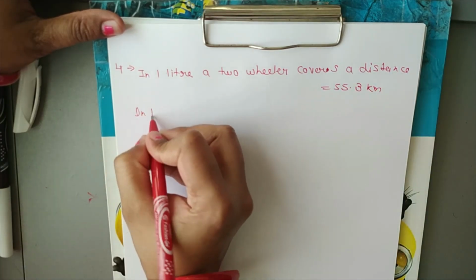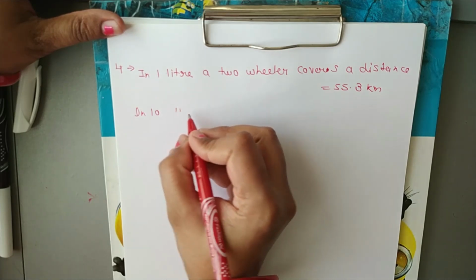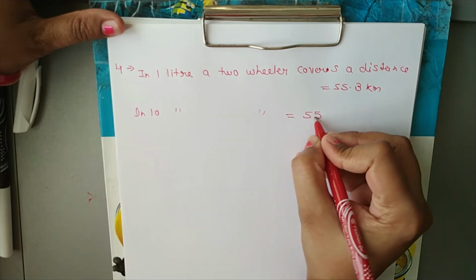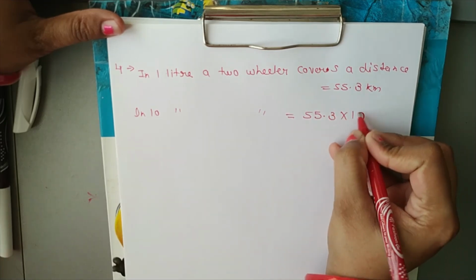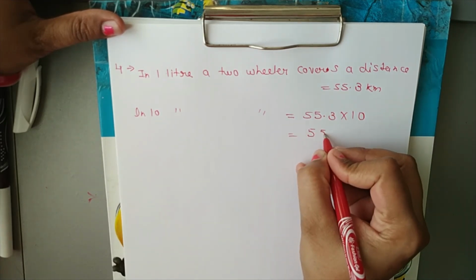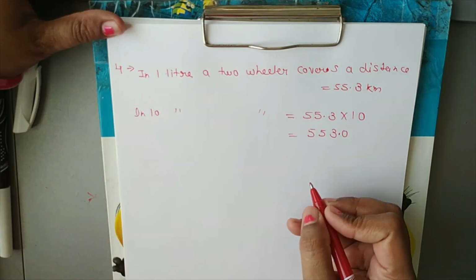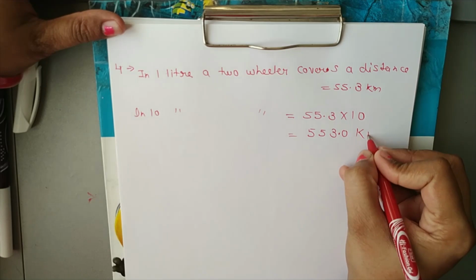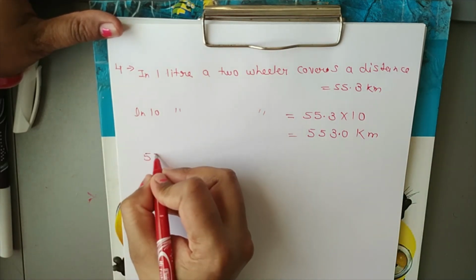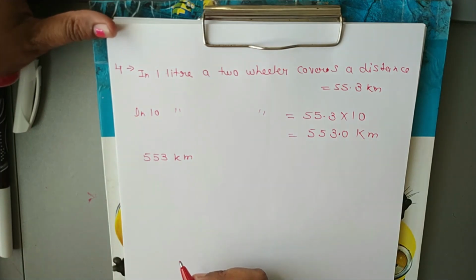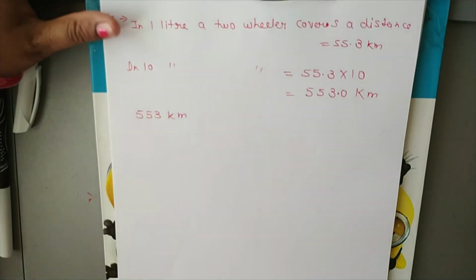So in 10 liter, to find the distance covered, we have to multiply. Same as before, 5530, then place the decimal after 1 digit. So 553 kilometer distance will be covered by it in 10 liter of petrol.